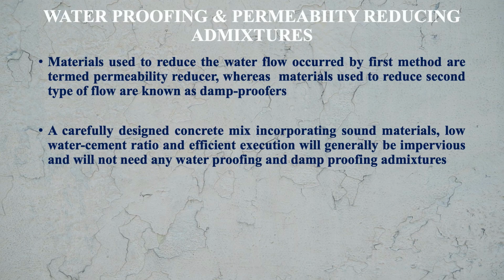Permeability reducers reduce permeability in the concrete, whereas damp proofers are used to reduce the dampness in the concrete. Carefully designed concrete mix incorporating sound materials, low water cement ratio, and efficient execution will generally be impervious and will not need any waterproofing and damp proofing admixtures.